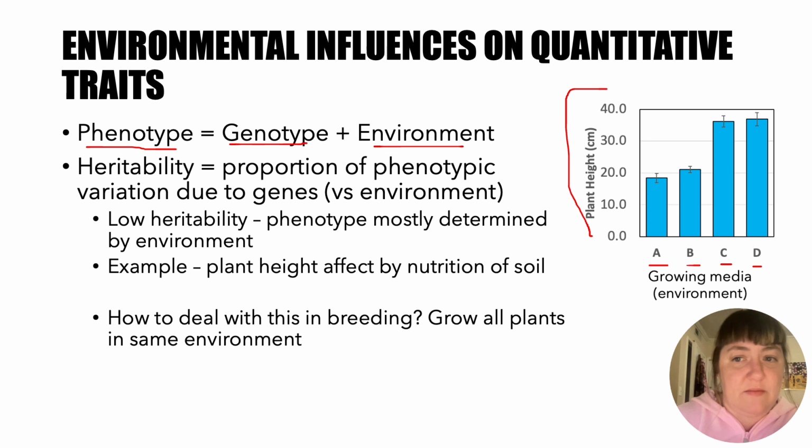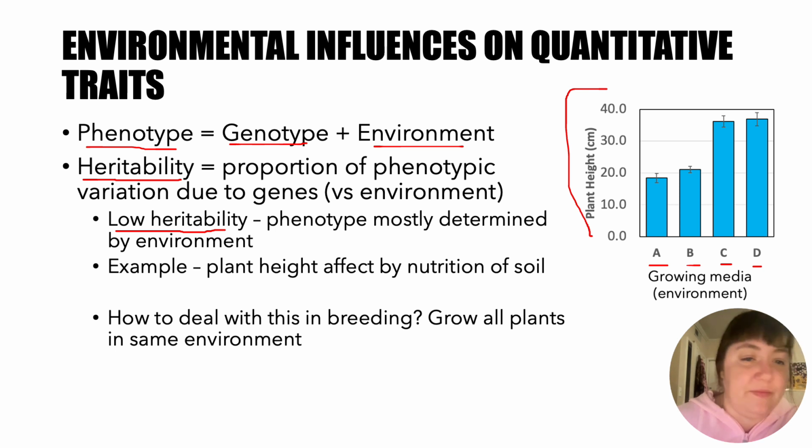And so there's a concept in breeding known as heritability. And so heritability is basically how heritable a trait or a phenotype is. So it's what proportion of the phenotypic variation is due to the genes. And if you have a trait with low heritability, that means that the phenotype for that trait is mostly determined by the environment.